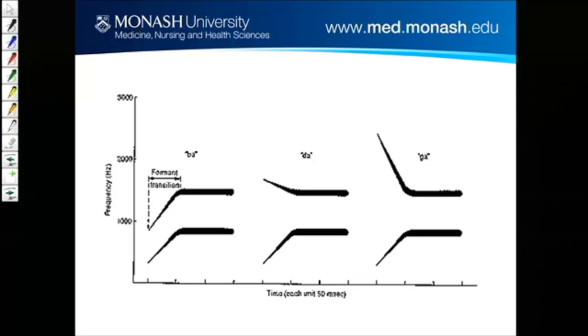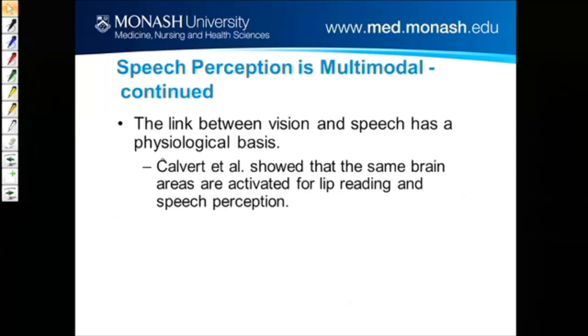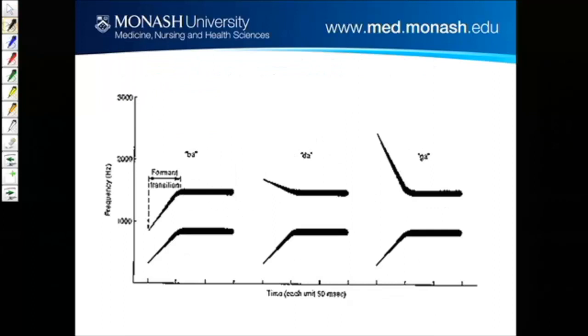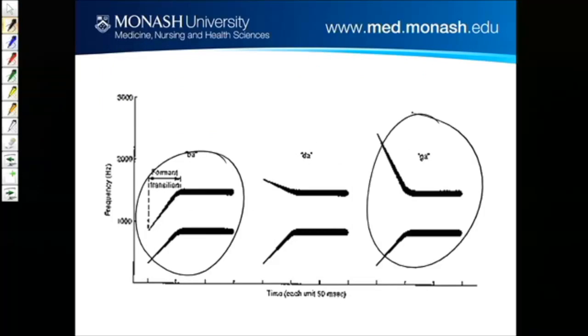You've got his lip movements, which were ga, ga, and for some reason, putting those two together, you perceive da, da. And that's because if you mathematically take the graph for ba and add that to the graph for ga, you end up with that.